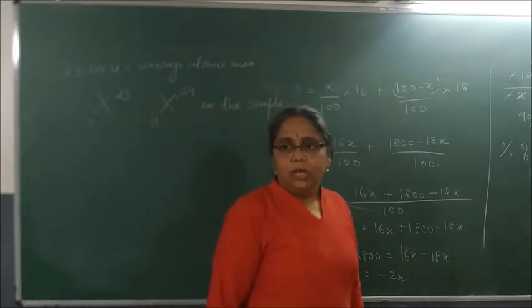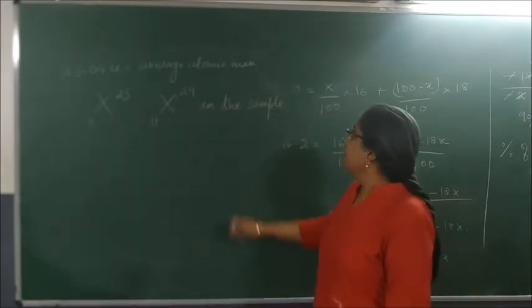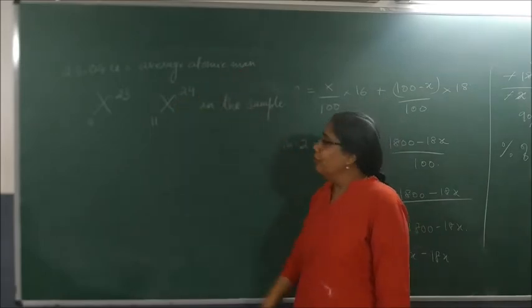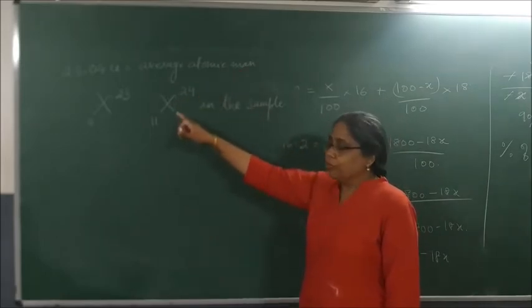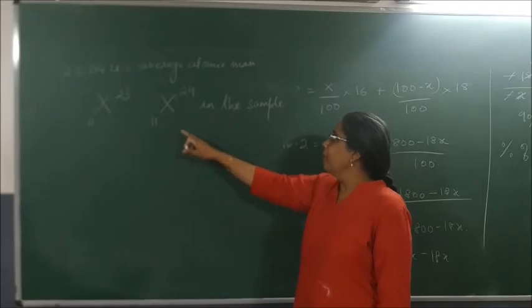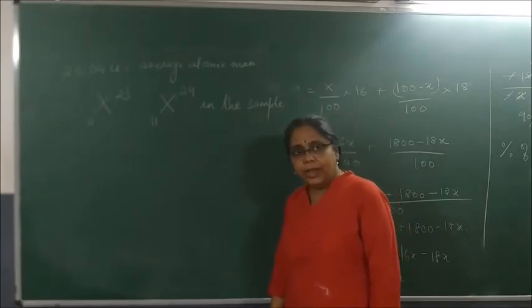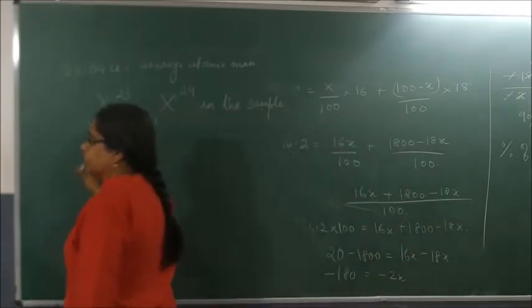Understood this? So you have an average atomic mass of 23.04 U. You have two isotopes 23 and 24 in the sample. What I have to find out is the percentage of both.